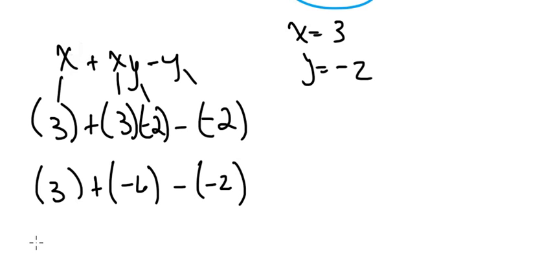Now we're going to add or subtract left to right. If we say 3 plus the opposite of 6, what is 3 plus the opposite of 6? Negative 3, right?